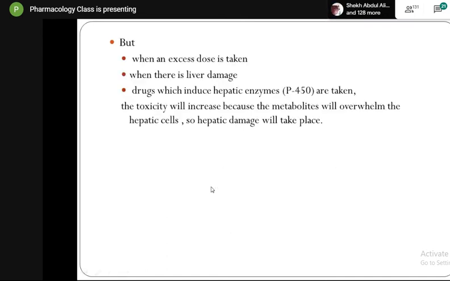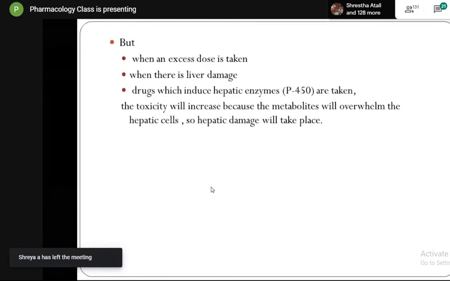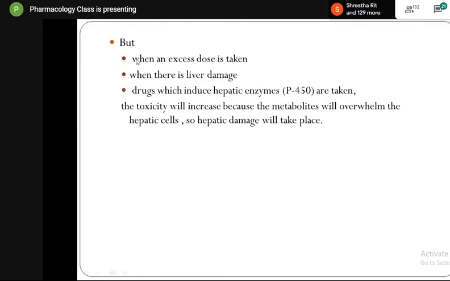But there are certain cases in which the exposure to those toxic products from the drug is not avoidable. The first is when an excess dose is taken. This is mainly true because the metabolizing enzymes in the liver have a certain capacity only. There are a certain number of enzymes and a certain capacity for the drugs to get metabolized.